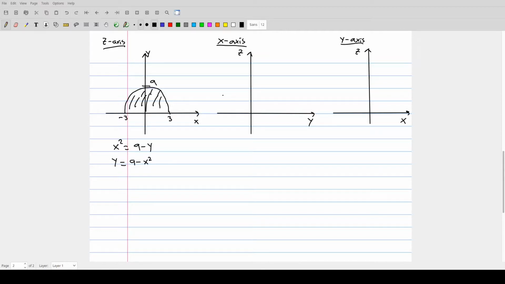So if you were to look at this solid directly along the z-axis, this is the picture that you would see.